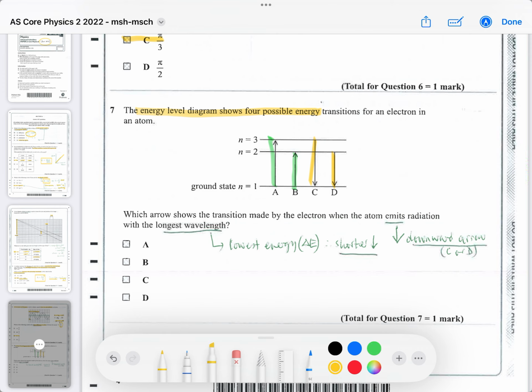Okay, so the question says, which arrow shows the transition made by the electron when it emits radiation? So that would be a downward arrow, so it's got to be C or D, and it has the longest wavelength. Longest wavelength means a smaller energy, yeah? So that will be the shorter arrow downwards. So the answer is D.